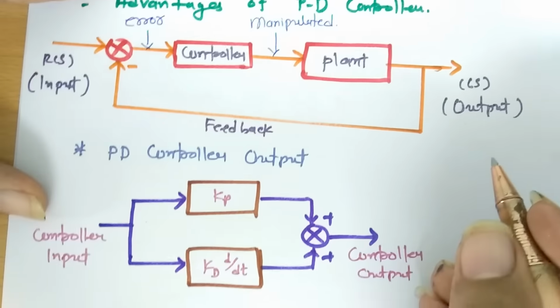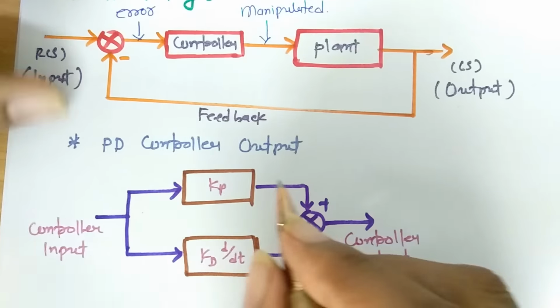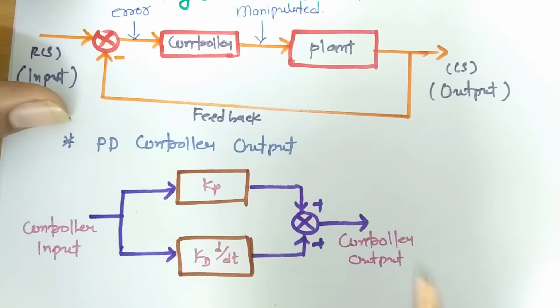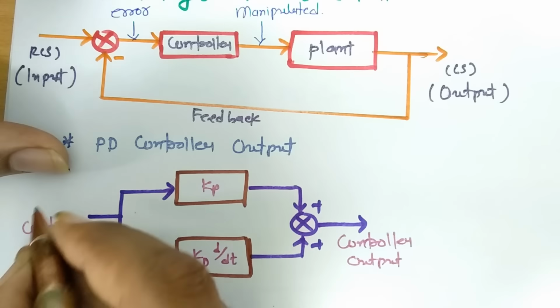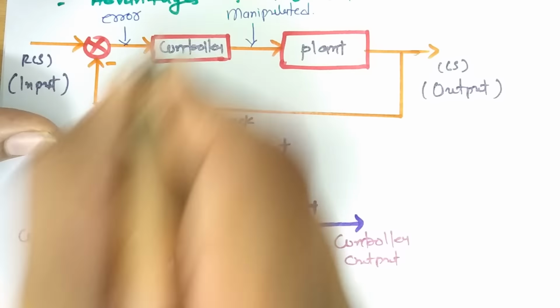So let us begin this session with the first point, which is the proportional derivative controller output. Here the controller input is the error signal, as I have told you initially.